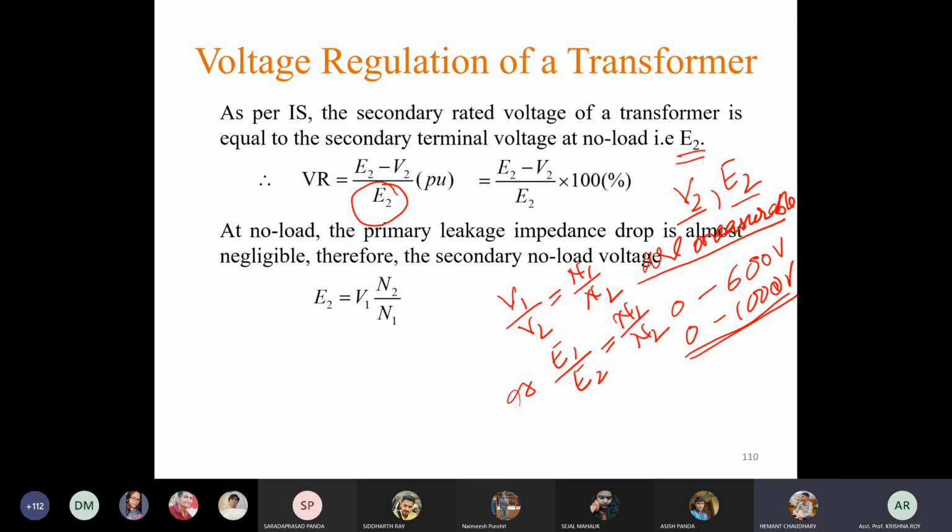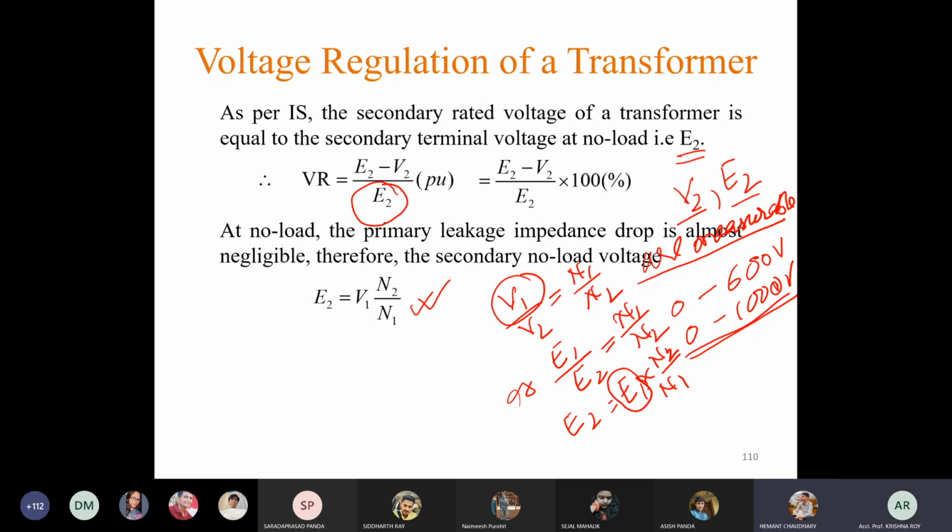So E2 is equal to E1 into N2 by N1. Now if the leakage impedance drop is negligible, in that case this E1 becomes V1. Then only we can write this expression. Is it clear? Yes, sir.